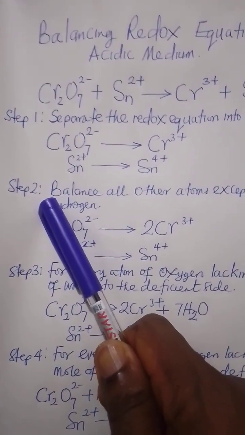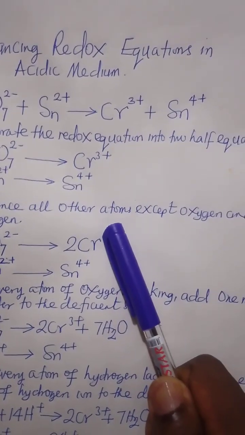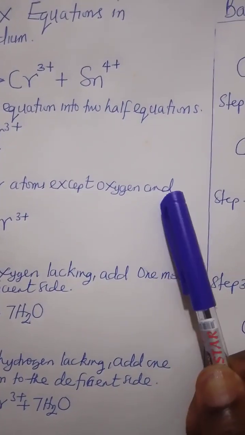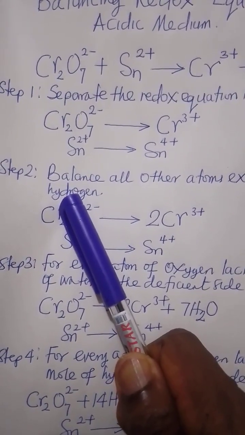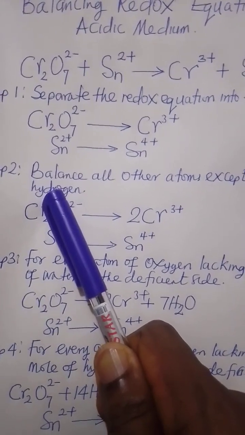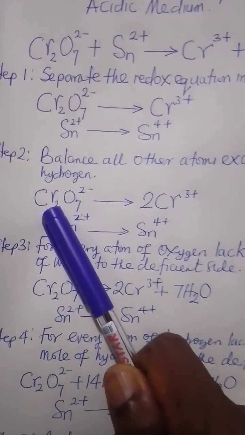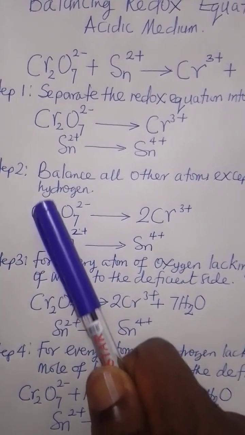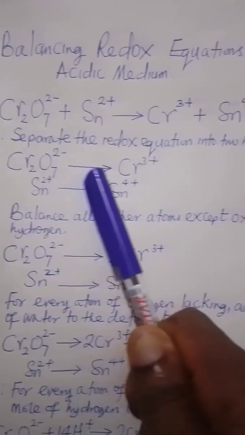Step number 2. Balance all other atoms except oxygen and hydrogen. In other words, balance every other atom there, but don't touch oxygen, don't touch hydrogen. So let's go now. Chromium has 2 atoms here, but we have 1 here.